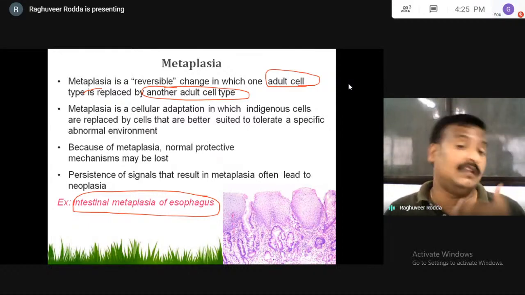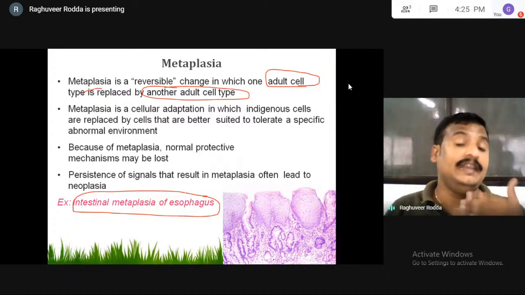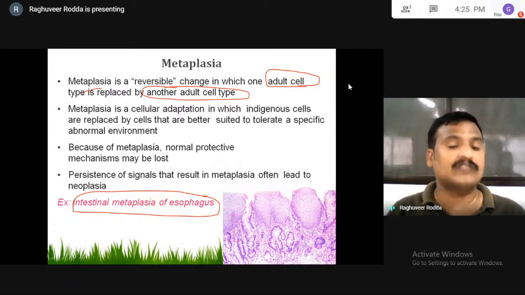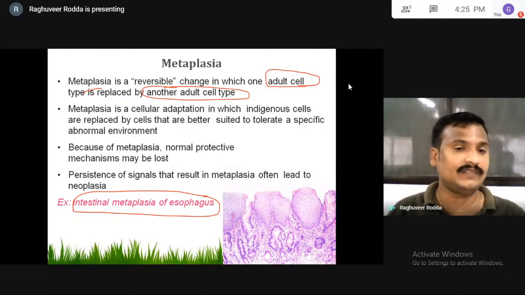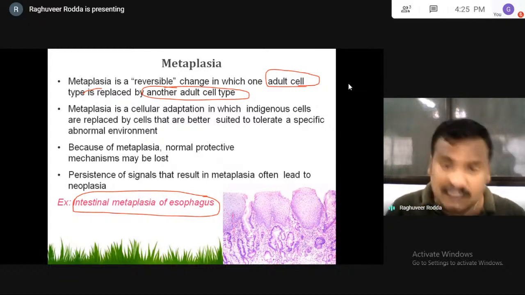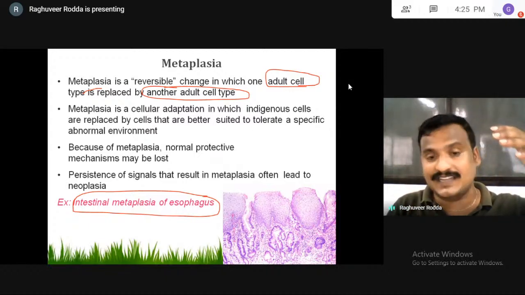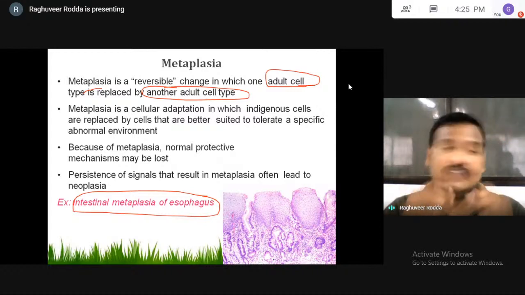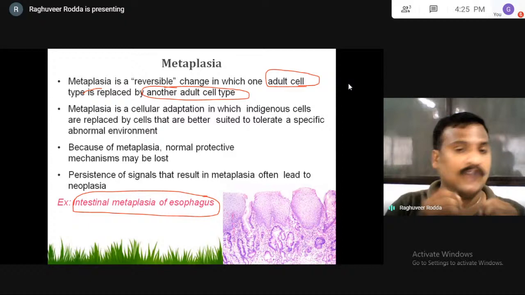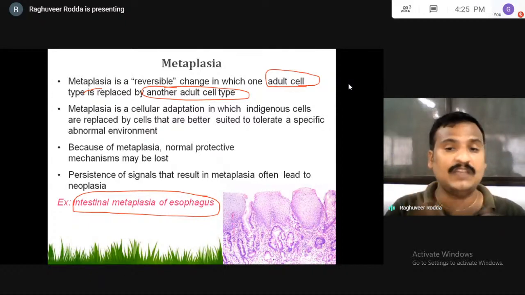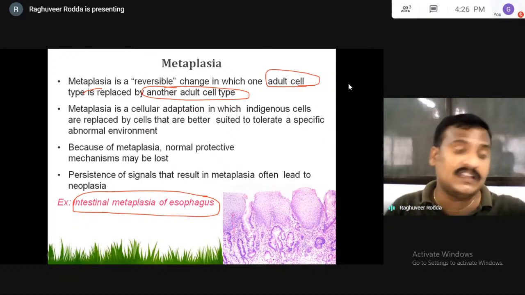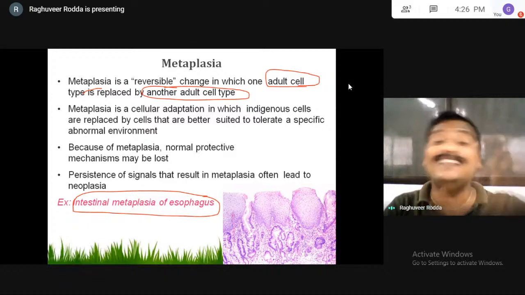So whenever the person experiences GERD, gastroesophageal reflux disease, in such a condition, under the influence of that gastric stress or gastroesophageal reflux stress, the squamous type of the esophagus will be replaced by gallbladder cell type, which are mucus secreting cells. Gallbladder cells are mucus secreting cells, and the esophagus will finally appear like an intestine.